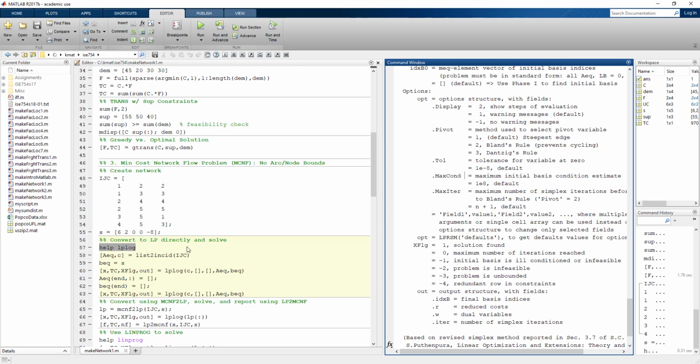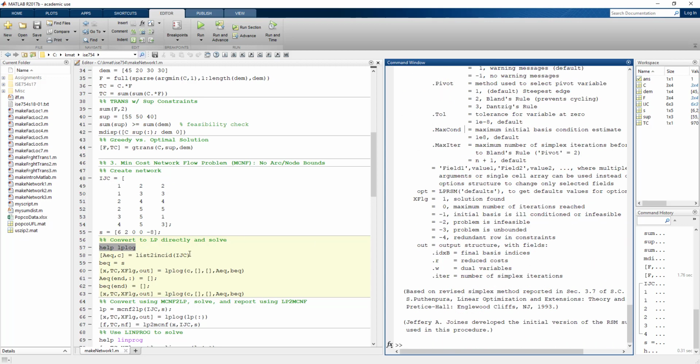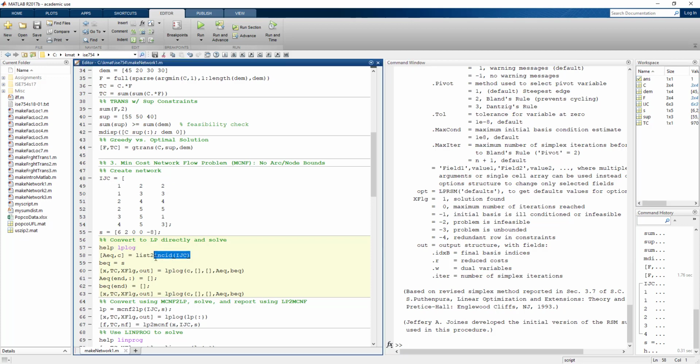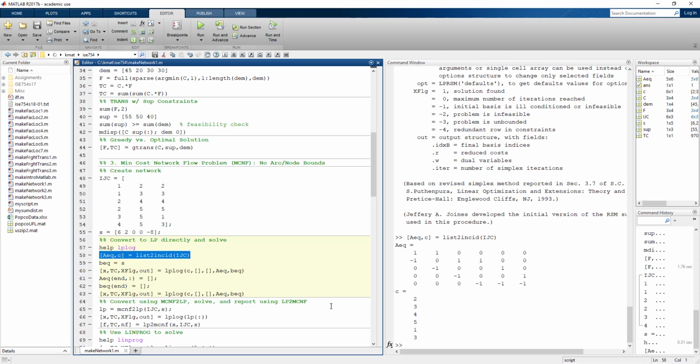So for this one, the way that we can solve it is first to convert the arc list representation to another type of network representation called an incidence matrix. An incidence matrix, which let me go ahead and first create so you can see an example, has the number of columns corresponding to the number of arcs in the network, but the number of rows corresponds to the number of nodes.